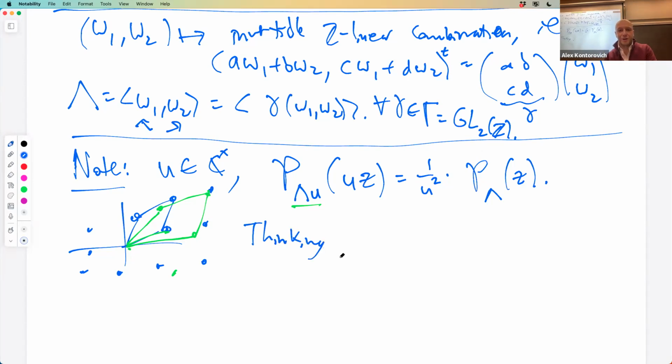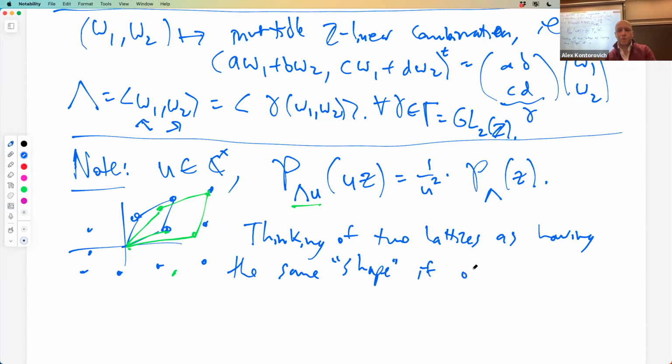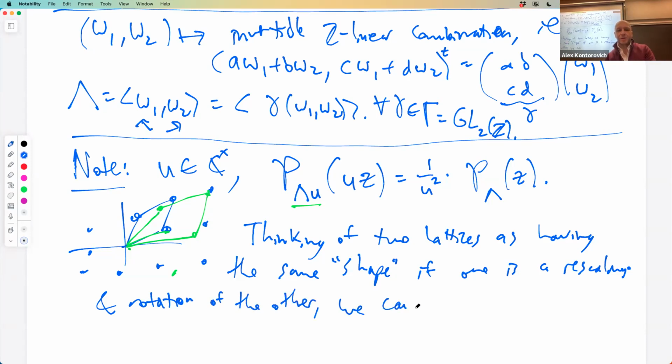So by this transformation, we think of two lattices as having the same shape if one is a rescaling and rotation of the other, and we can reduce the study of these things.